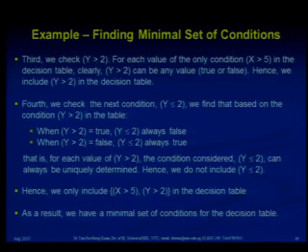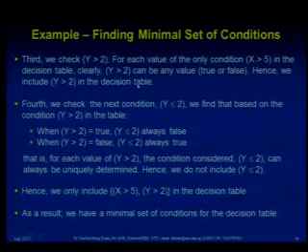There's no way to determine whether y greater than 2 is true or false. So this condition is not derivable from any condition in the decision table, and we have to include y greater than 2 in the table.